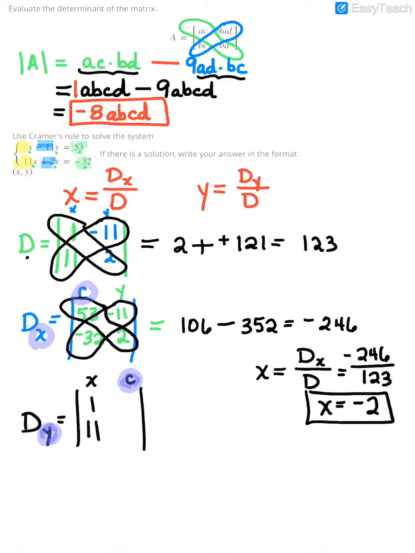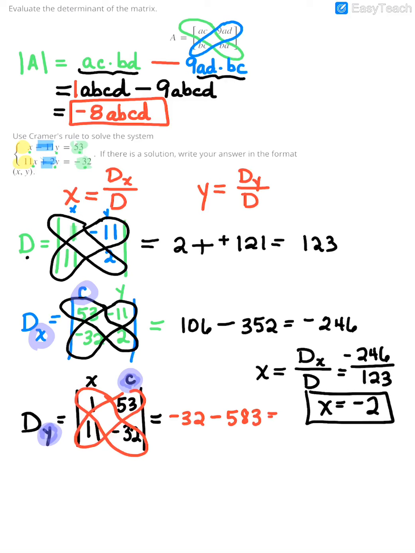And so my constants once again were 53 and negative 32. So now I go ahead and calculate my determinant. 1 times negative 32 is negative 32. And then I subtract 53 times 11, and that is 583.